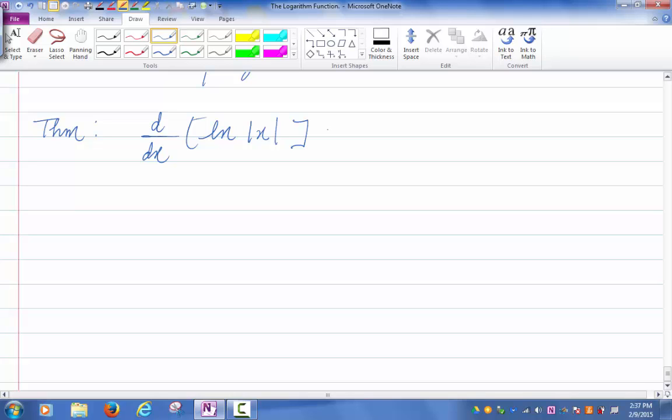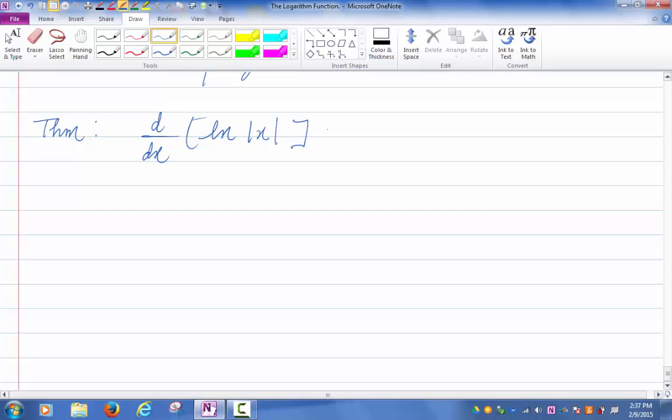What's the derivative of the function ln of absolute value of x? Some of you will probably guess that it is 1 over absolute value of x, right? And that's the wrong guess.